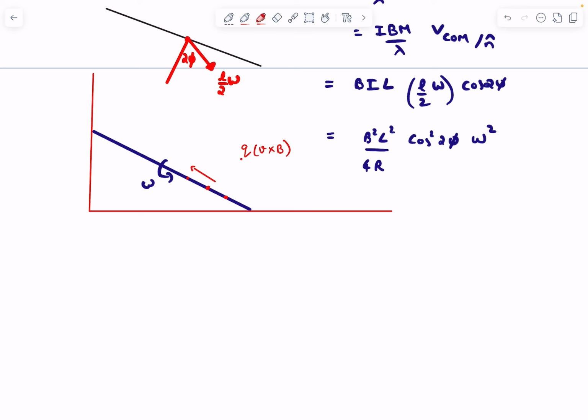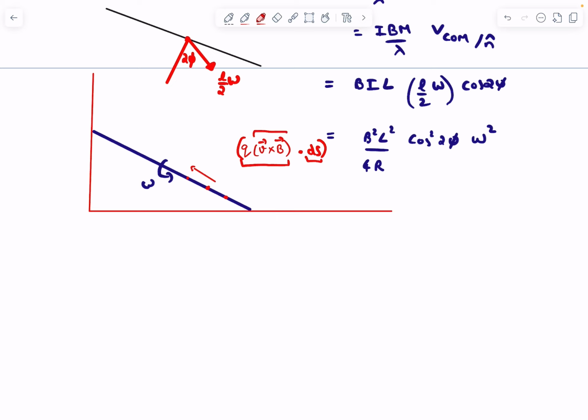But the thing is, magnetic forces by definition do not do any work, because the magnetic Lorentz force acting on any individual charged particle is QV cross B, right? And here V is the resultant velocity vector of the particle. So if you try to calculate its work, we'll have to take the dot product of this force with the displacement vector, but the displacement vector is in the direction of the velocity vector.